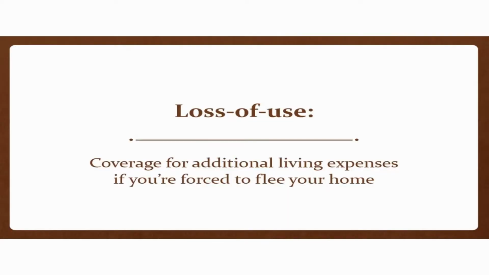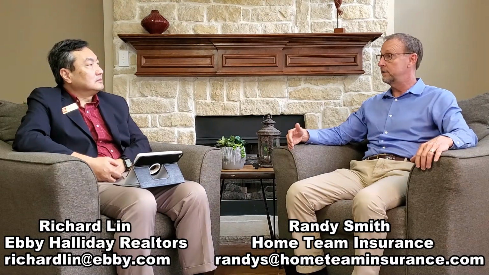Cool. Okay, so how about loss of use? Are they different or similar? If on your homeowner's policy your home was damaged and you could not live there, loss of use would come into effect. That would pay for you to either rent a similar property or maybe stay in a hotel for a couple of weeks.